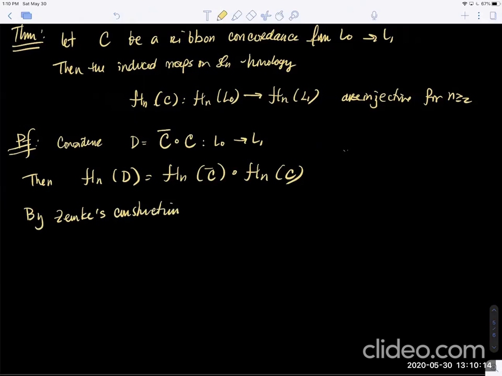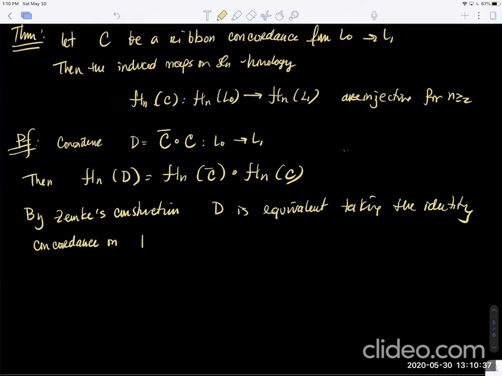we actually know that D is equivalent to taking the identity concordance on L0, L0 cross [0,1], and two being in spheres. These are those funny pictures that I showed you previously, and two spheres in particular.